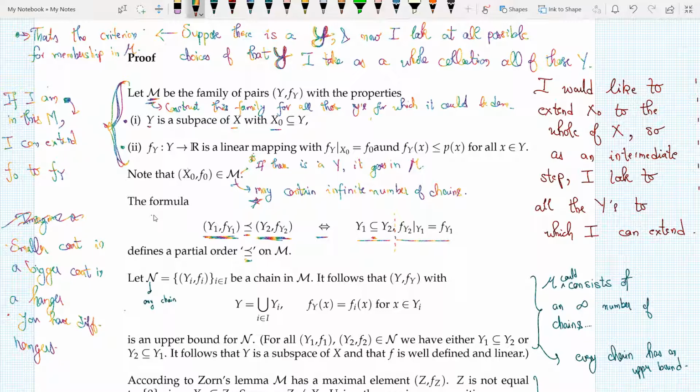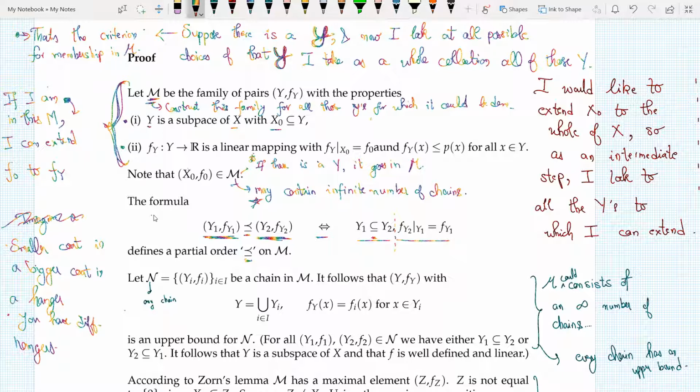So one thing I would like to tell you about the steps we have done till now is that I would like to extend X naught to the whole of X. So as an intermediate step, I look at all the Y's to which I can extend. This is the reason behind constructing this family capital M. And now suppose there is a Y and I look at all possible choices of that Y that I could extend to.